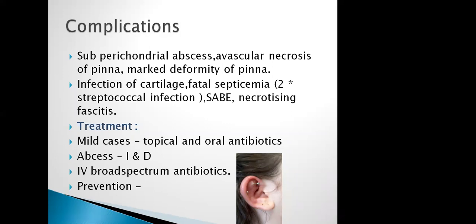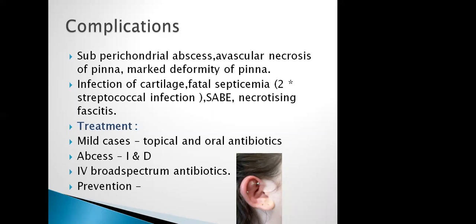For prevention of perichondritis, we have to advise the patient against high piercing of the cartilaginous portion of the pinna. If cartilage is pierced, ask the person to take care of the ear stud with saline compression. If any signs of infection are seen, like redness or edema, come to an ENT, take an antibiotic, or consult a doctor.